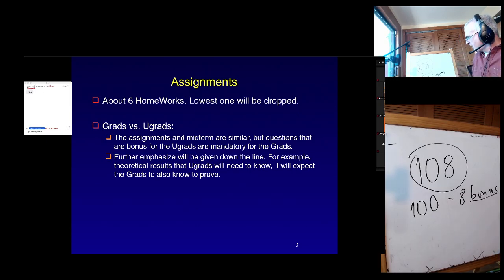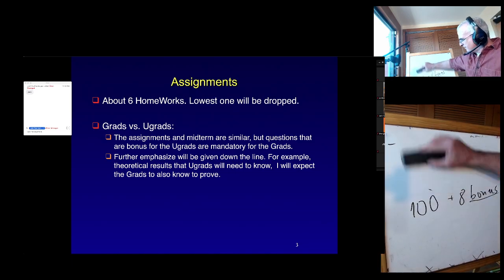I'm sure that I'll say it later in the course, but once again, the 108 that you'll see at the end of your homework 1 might be 100 normal points that are used for the calculation plus 8 bonus points.